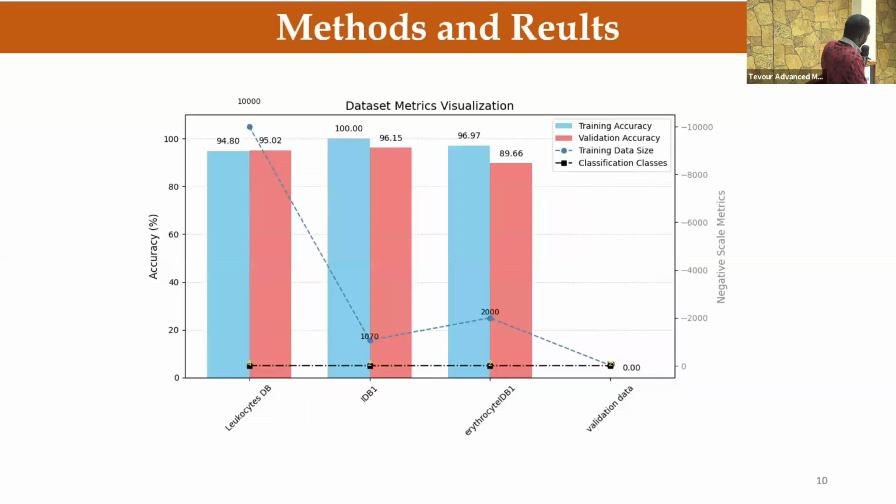When we trained with the first leukocyte dataset, the training accuracy was 94%, and then the validation. Just a background: when you're training the model, you divide your data set into a training set and a validation set.